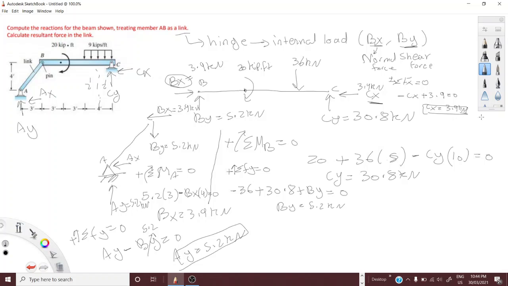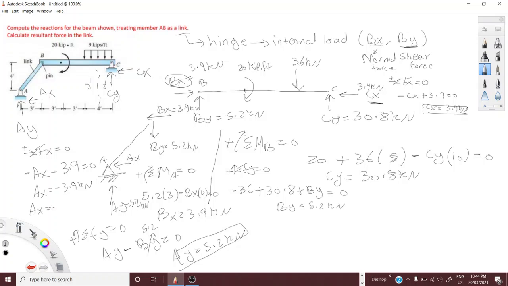Okay, that's it. Oh, we forgot to find Ax. Summation of Fx equal to 0: minus Ax minus 3.9, which is Bx, equal to 0. So Ax equals negative 3.9 kilonewton, where our assumption of Ax is wrong.